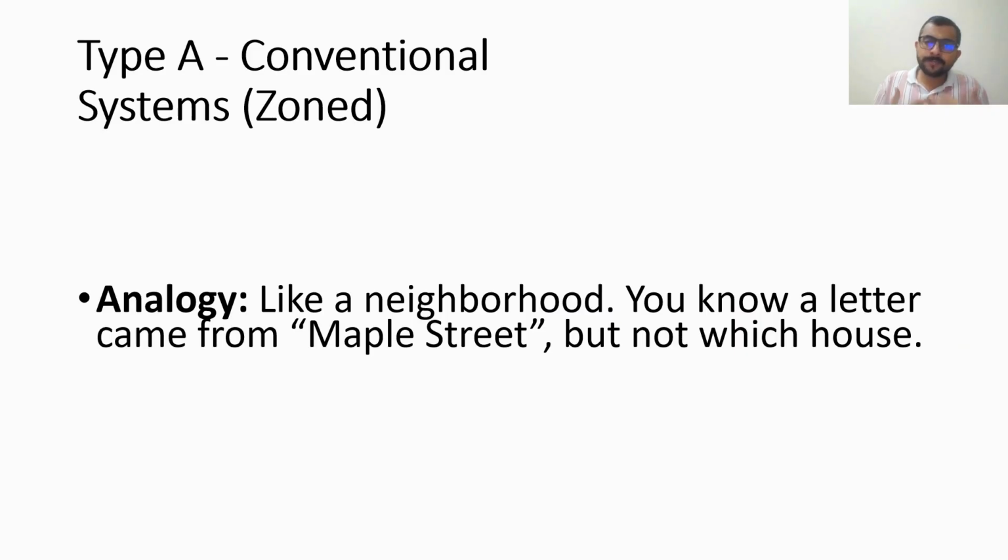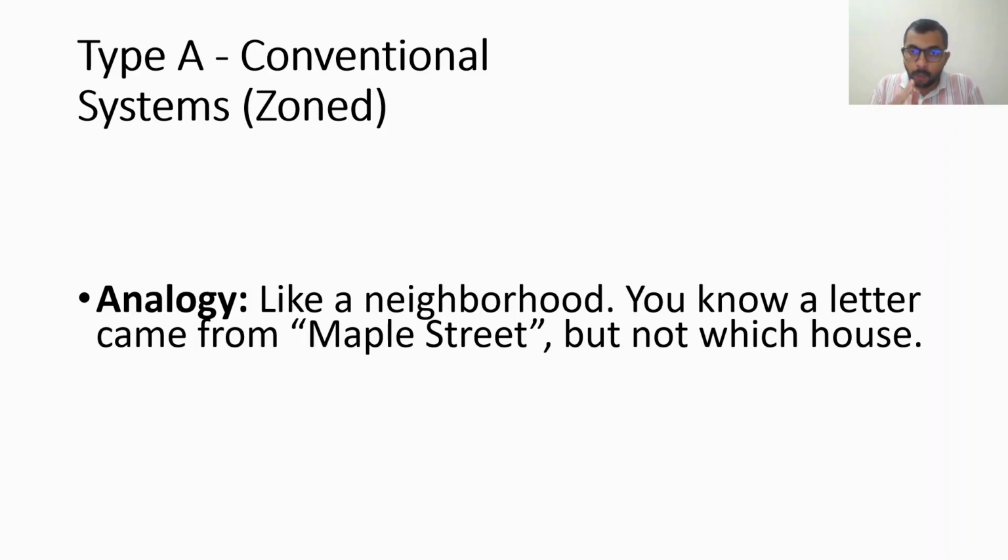So let's discuss further the conventional system. As I said before, the conventional system is categorized into zones. Let's say a neighborhood is a zone. For example, if you get a letter from a street named Maple Street, the letter only mentions Maple Street.